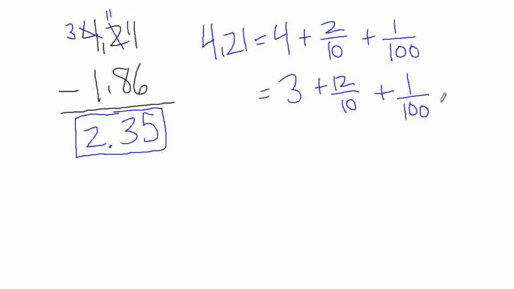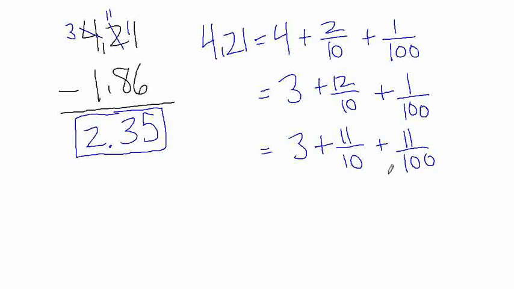I turned the 4 into a 3, but I changed the 2 over 10 to a 12 over 10 to compensate. All right? I can make another modification. So let me now change the 12 over 10 to an 11 over 10. And to compensate for the missing 1/10, I'm going to change the 1 over 100 to 11 over 100.